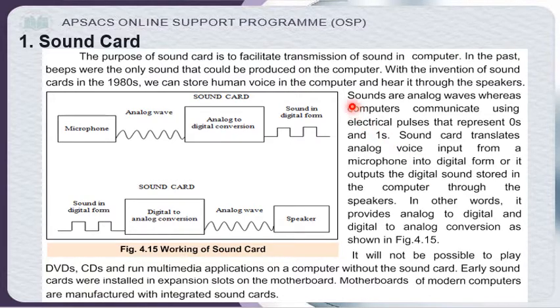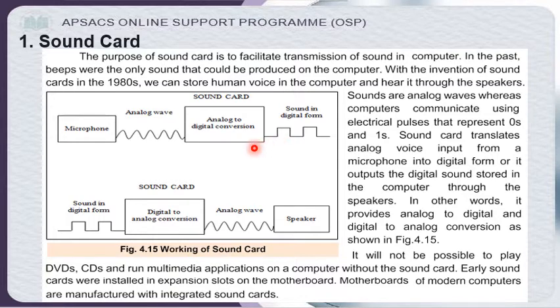Sound waves are in an analog form, and your computer understands digital form. So the computer will not understand your data directly; your analog signal needs to be converted to a digital signal.